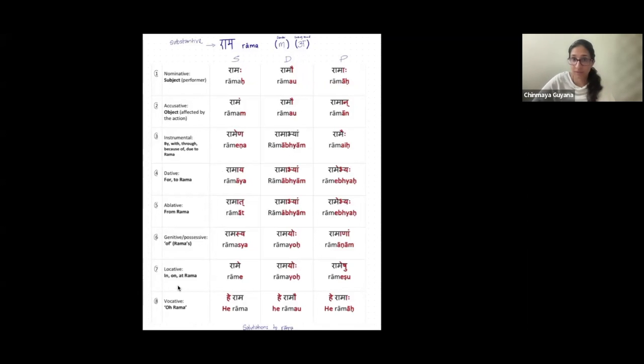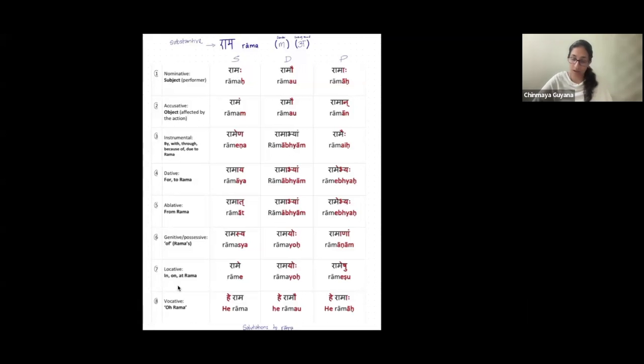Again, Ramaha, Ramau, Ramaha. Ramam, Ramau, Raman. Ramena, Ramabhyam, Ramehi. Ramaya, Ramabhyam, Ramebhyah.